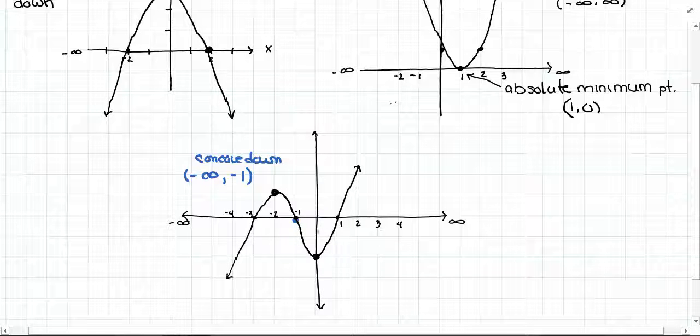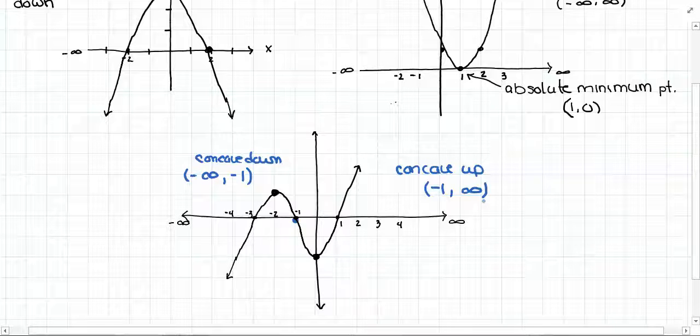All right, and then it goes upward or holds water, concave up, from about -1 all the way over to positive infinity. And again, you're basing it off of the x-axis here.